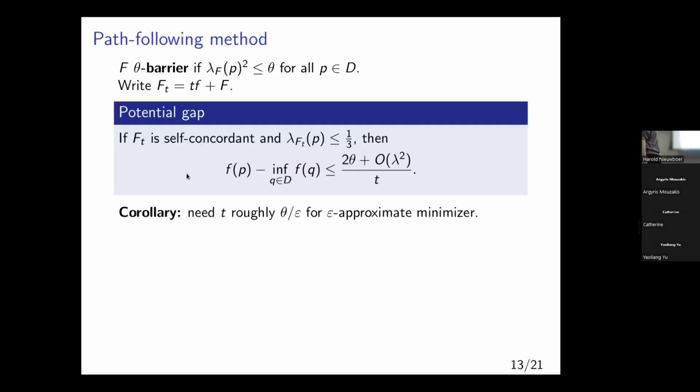And if you have an estimate like this, you can prove the following result. What we were doing is we were looking at t times my objective function plus my self-concordant barrier.